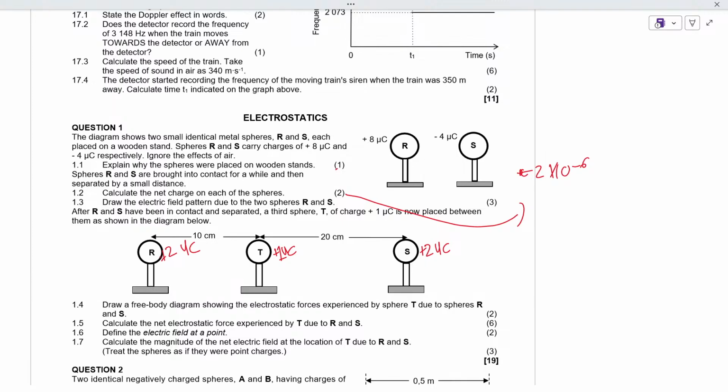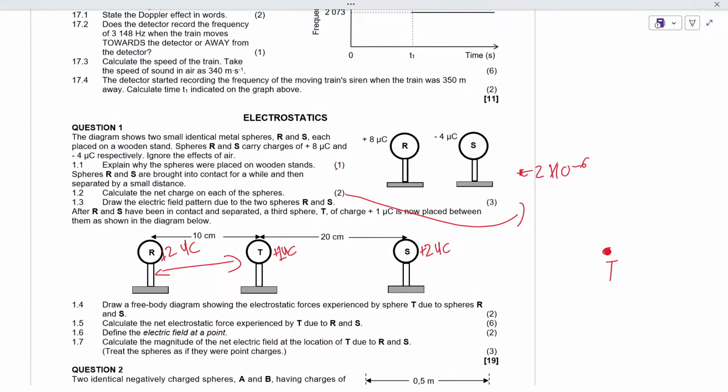They say draw a free body diagram of the electrostatic force experienced by sphere T due to R and S. So we are taking T as the point of perspective to say where will S push or pull T, where will R push or pull T. Let's start with the relationship of R and T. Which side does R force T to go because of its sign?